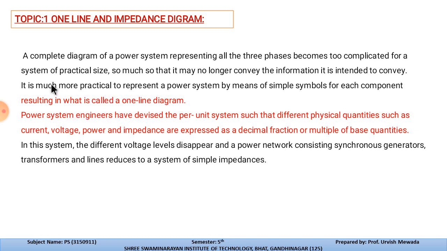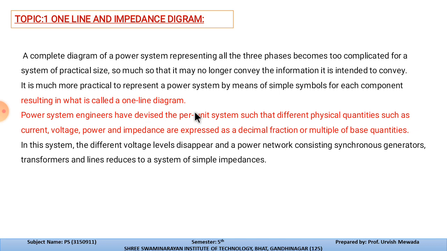So it just provides the information regarding the components which are present in the power system, and with the help of this one line diagram, we can identify the placement of any of the elements in the power system, and we can justify the working function of the particular element in the transmission system.